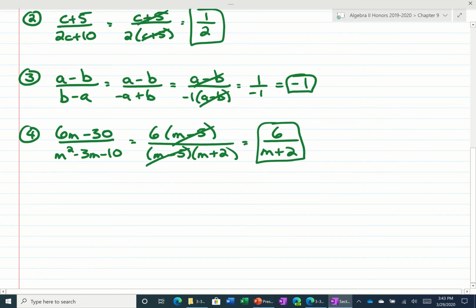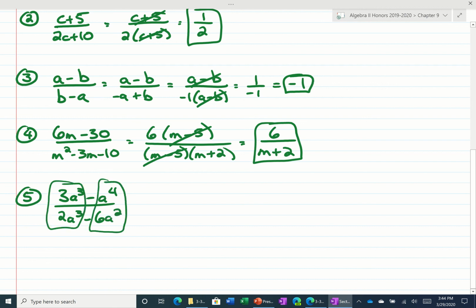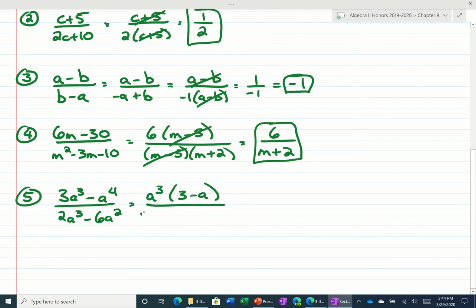How about one a little bit harder. How about this one? 3a to the third minus a to the fourth divided by 2a to the third minus 6a squared. Now please don't do this. You have addition and subtraction in the denominator, so you're not allowed. But what you could do is you could take out an a to the third on top. You could take out a 2a to the second on the bottom.